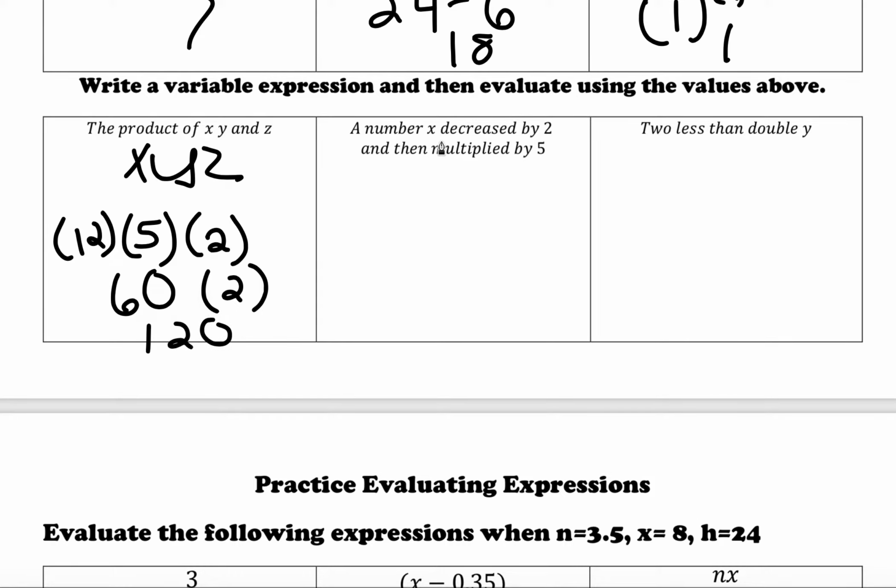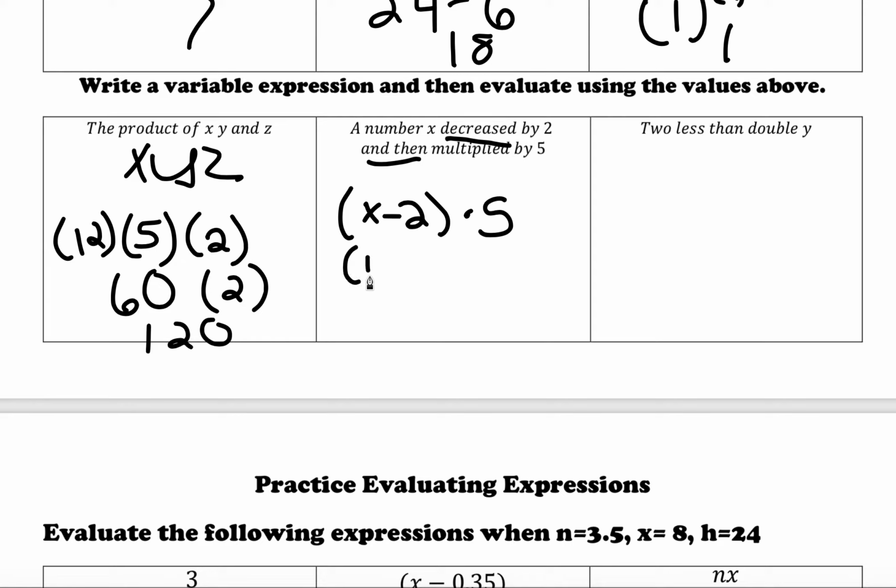A number x decreased by, that means subtraction, 2, and then multiplied by 5. So remember that "and then" is telling us multiple operations. So we're going to do in parentheses x minus 2 times 5.